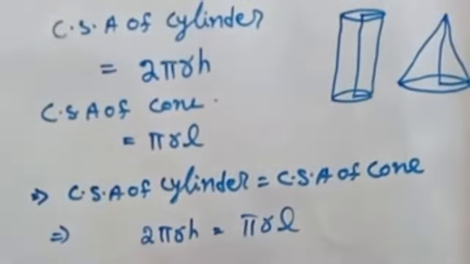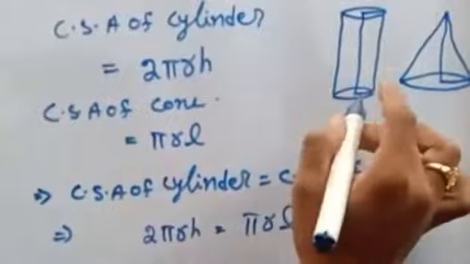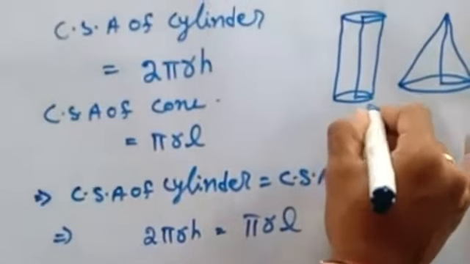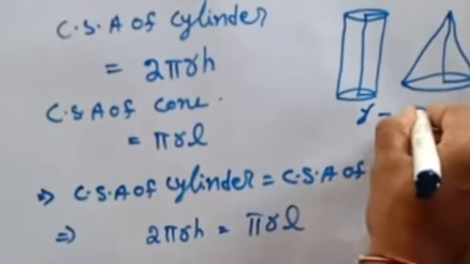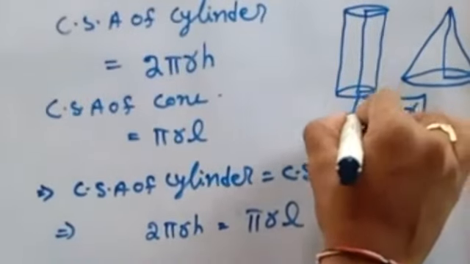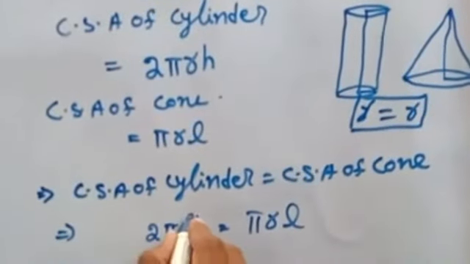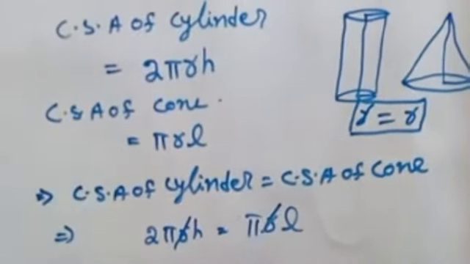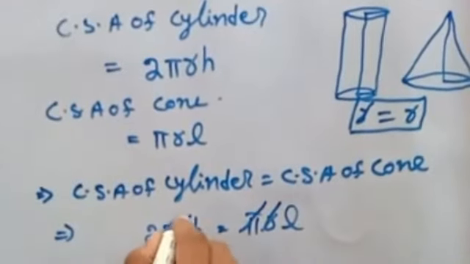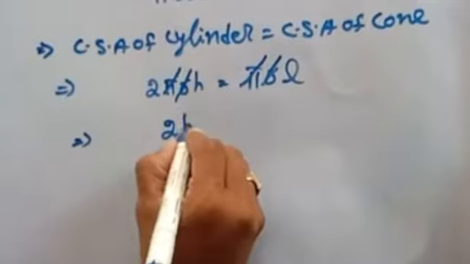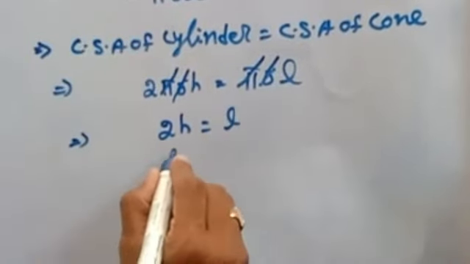From the given data, both radii are equal. Here cylinder radius is equal to cone radius. That means the radii both cancel and pi both cancel. That implies 2h is equal to l.